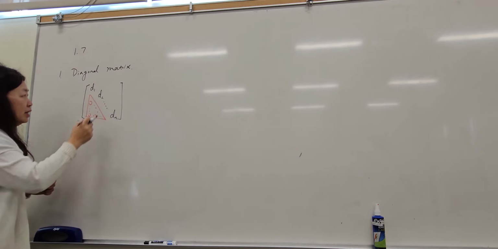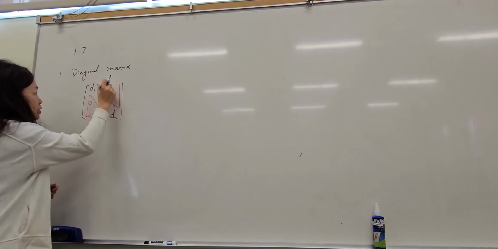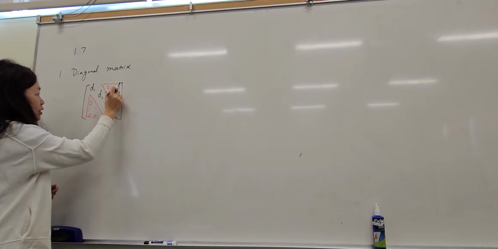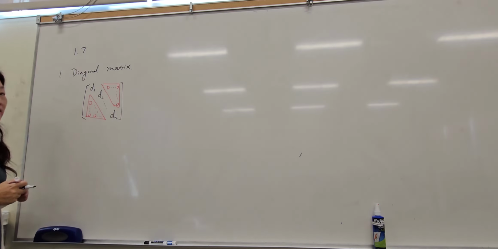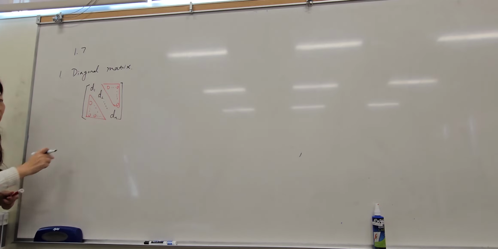And then they also have an upper zero triangle, so this is 0, 0, all the way to 0. So the only thing they have is this one, that's a row.